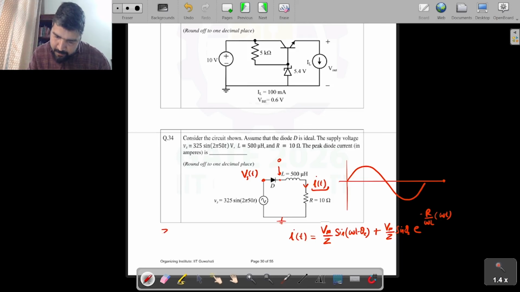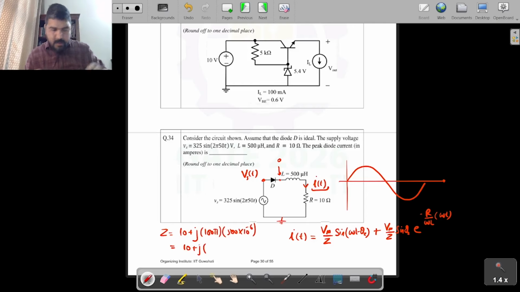What is this Z? Z equal to R plus j omega L. Omega is 100 pi, into L, 500 microhenry. Okay. So now you can see that it will become plus j. Now what is this value? Let me calculate this for you. 100 pi into 500 into 10 to the power minus 6. Okay. So it comes out to be 0.157.